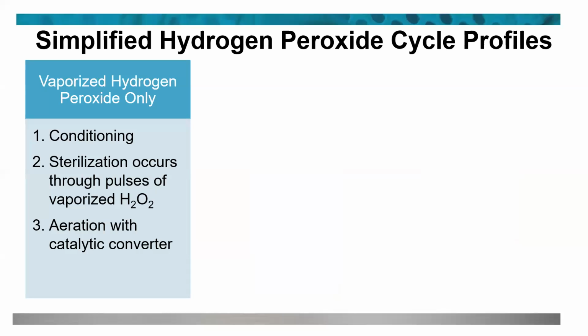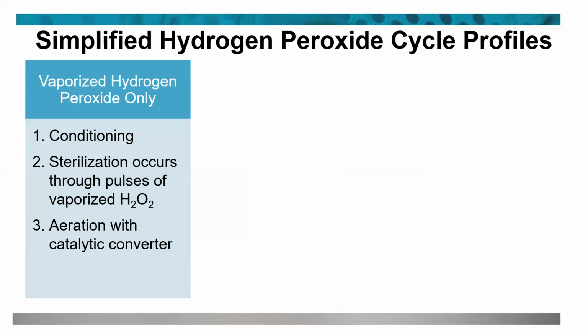So we see the vaporized hydrogen peroxide cycle profiles. Each sterilization process may have multiple cycle types that we can use, but the main premise of the cycle is the same for any given process.